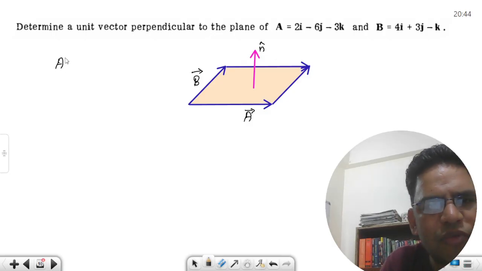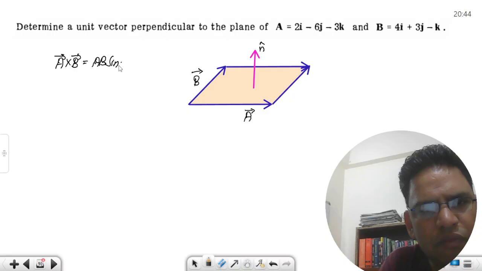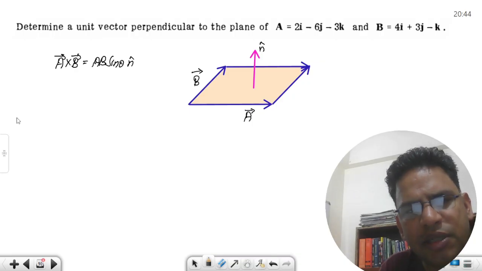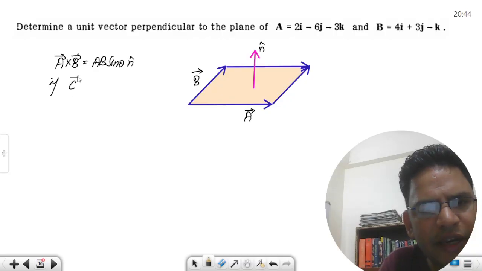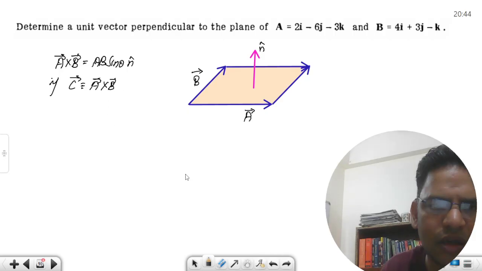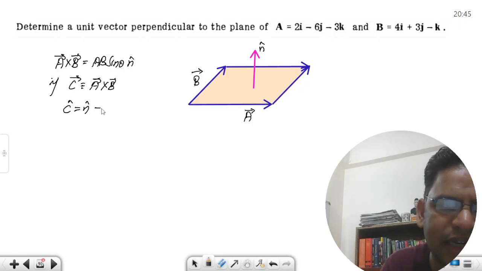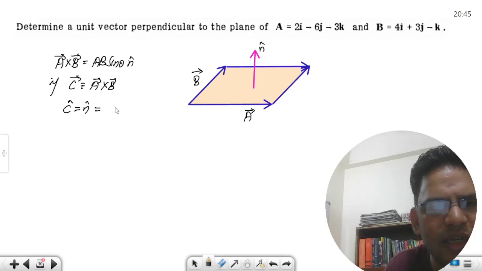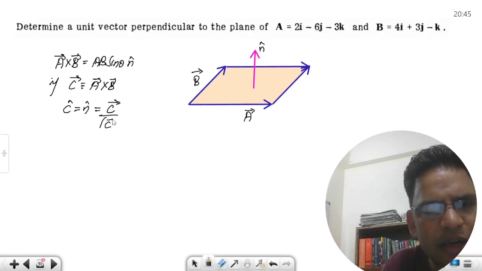So let's say a cross b vector is the same as ab sin theta n cap. If c vector is by definition a cross b vector, then c cap is the same as n cap, which is the c vector divided by its magnitude.